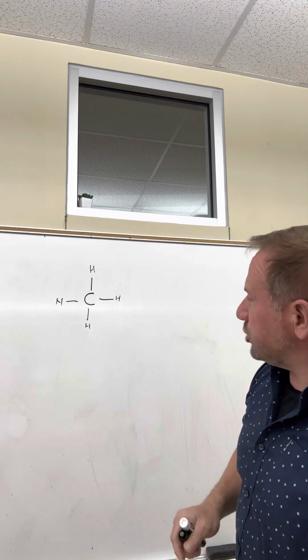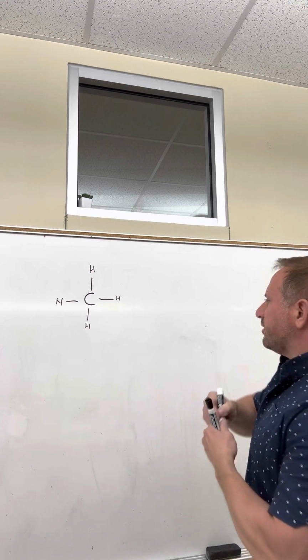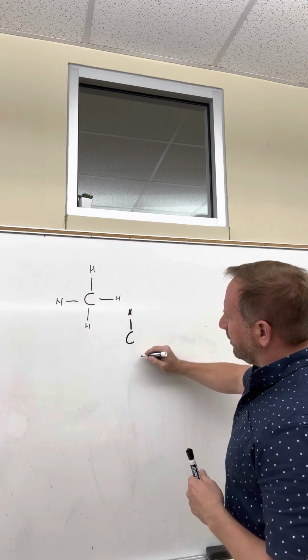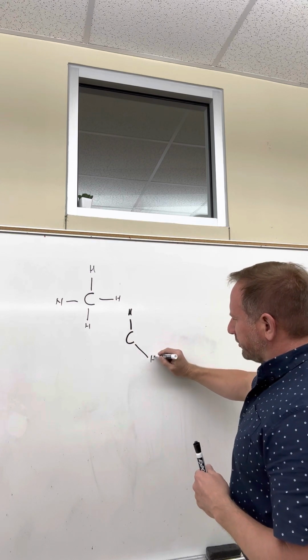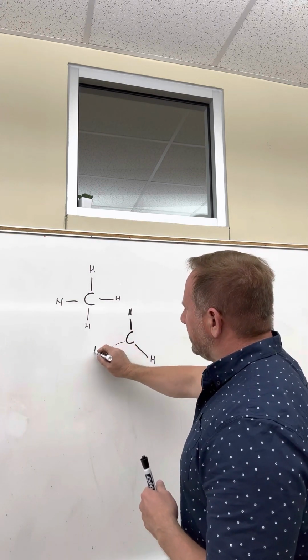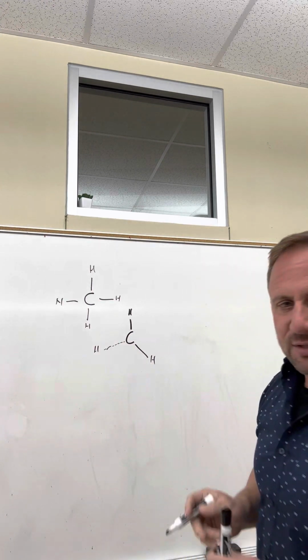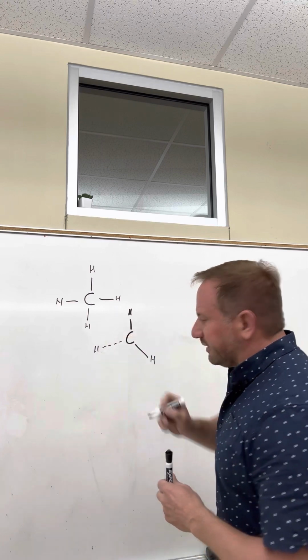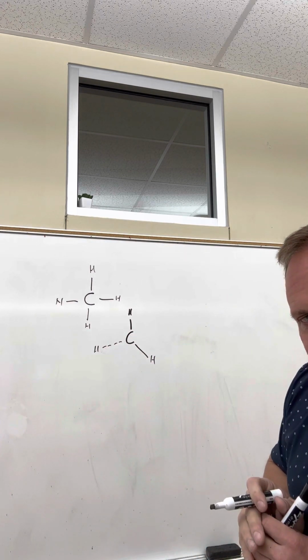And in fact, if you want to draw it geometrically, you could say that you have a carbon, you have a hydrogen going up in the air, you have a hydrogen coming out to the side, and then you have a hydrogen disappearing into the distance. A little dotted line like that. I don't know if you guys can see that. A dotted line like that. That's disappearing into the distance.